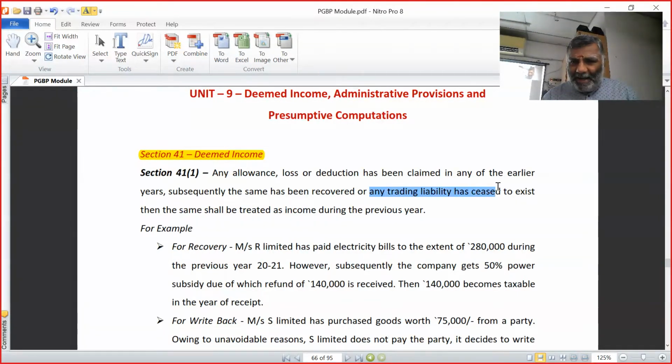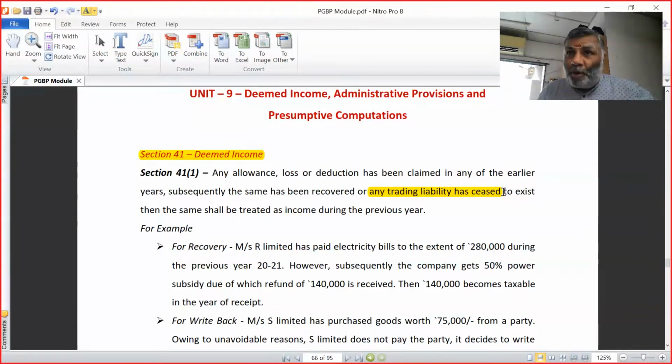Any trading liability ceasing to exist. Accountancy has been a little unfair on one aspect. We have a term called bad debts. If I sell goods on credit and the person doesn't pay, bad debts.